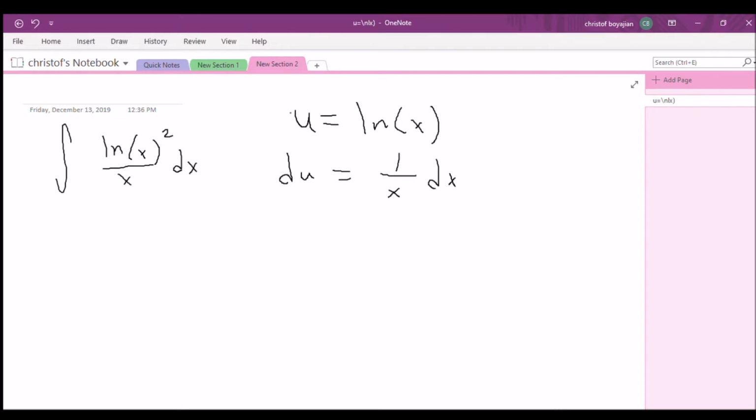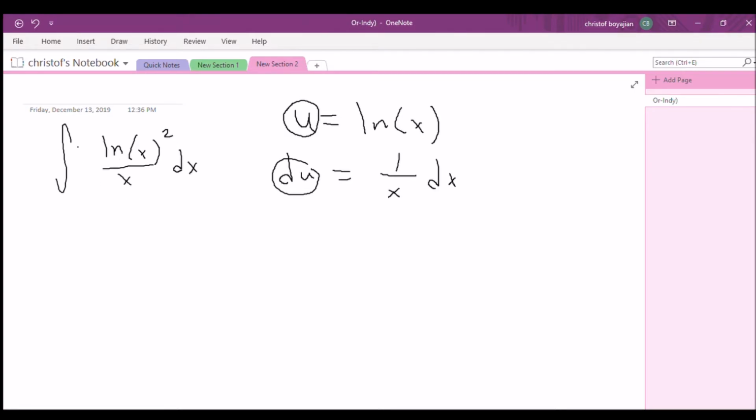All right, so now let's see. Can we replace our u terms with our x terms that we have over here? Well, we can replace ln of x as u. What about 1 over x times dx? Do we have that where we can substitute that in here?